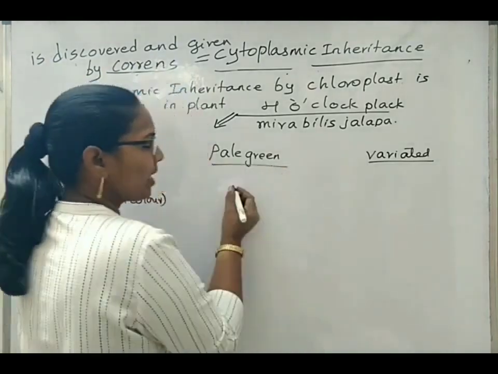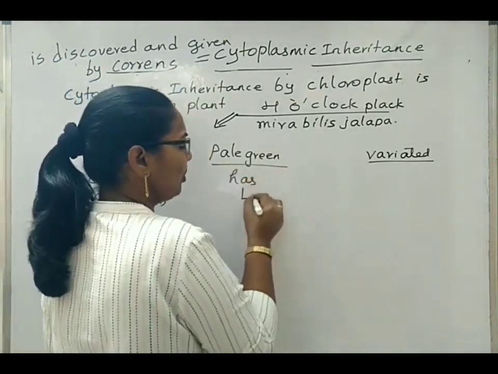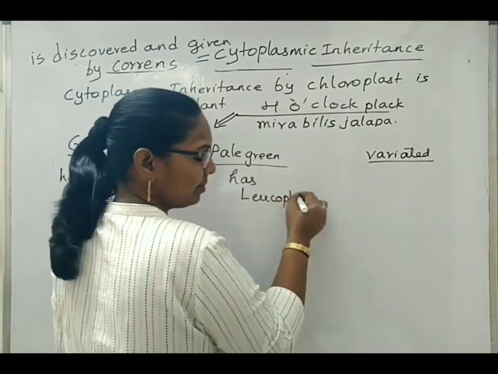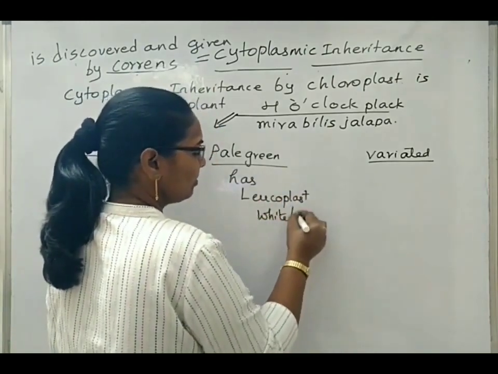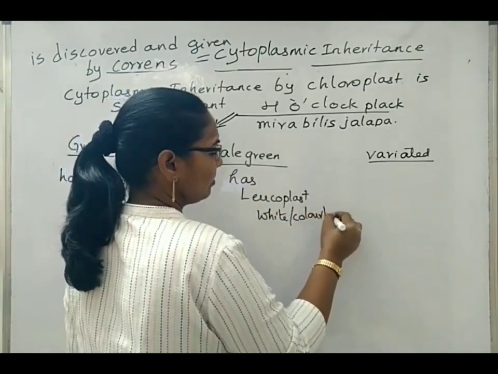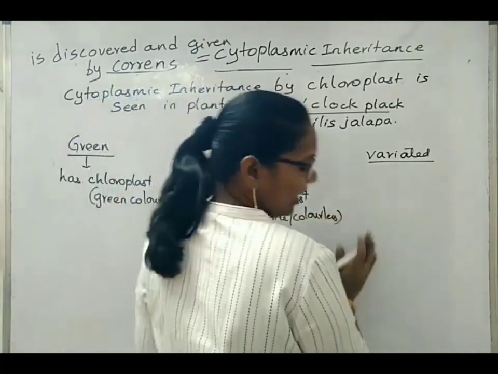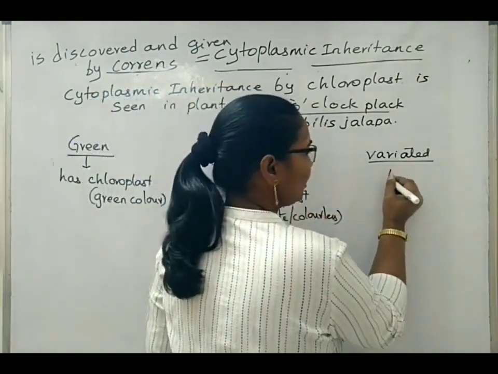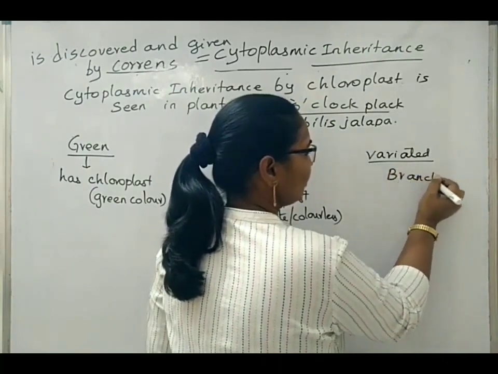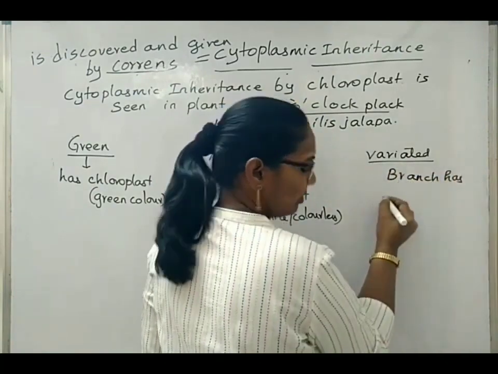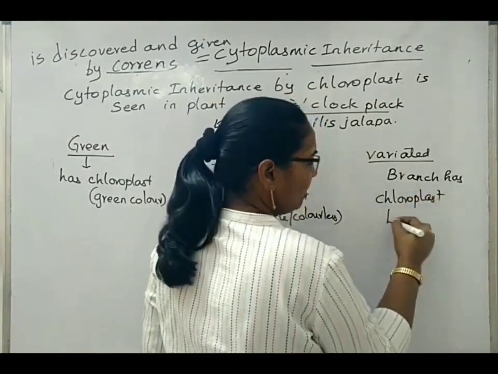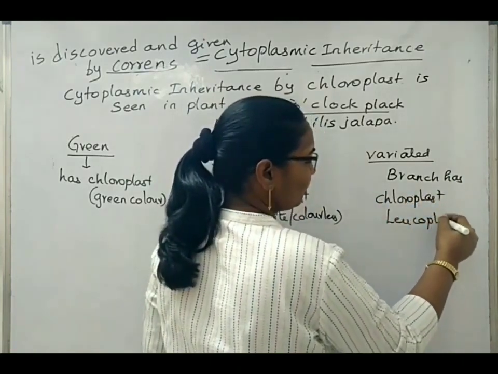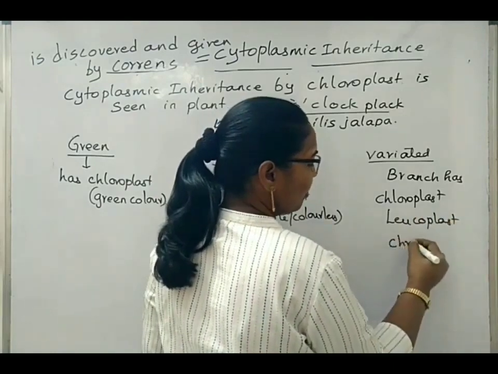The pale green branch has leucoplast, which is colorless or white in color. The variegated type of branch has chloroplast, leucoplast, and chromoplast.